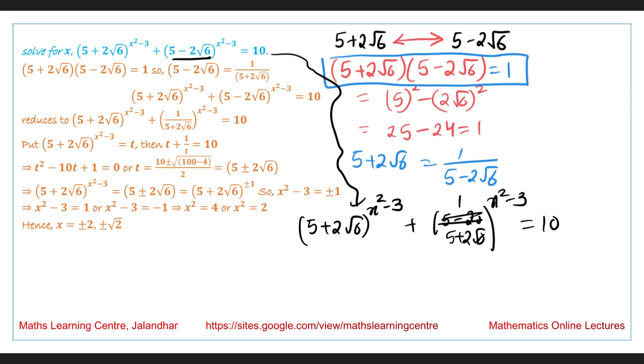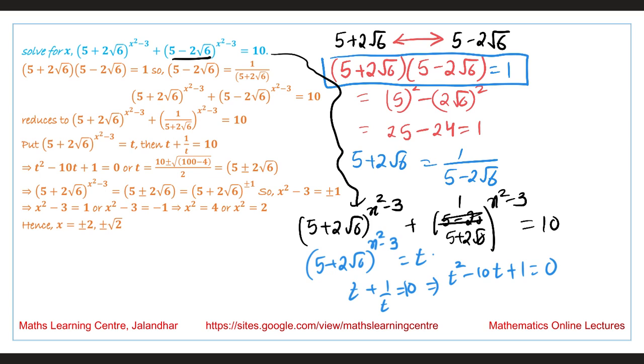Now if we substitute (5 plus 2 root 6) raised to the power x squared minus 3 equal to t, then this equation becomes t plus 1 by t is equal to 10. So this implies that t squared minus 10t plus 1 is equal to 0.